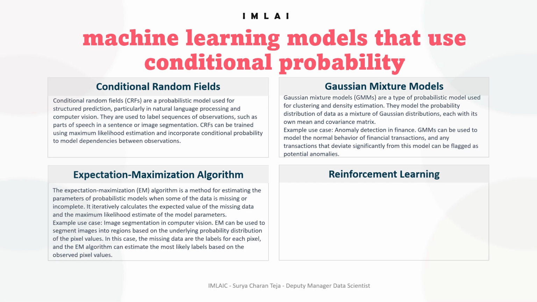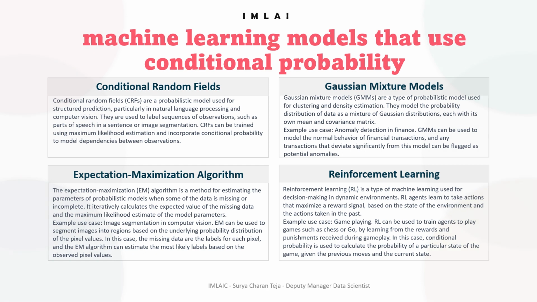Then reinforcement learning, the most important one. In this type of learning, an agent learns to take actions in an environment based on the conditional probability of receiving a reward given the current state and action.